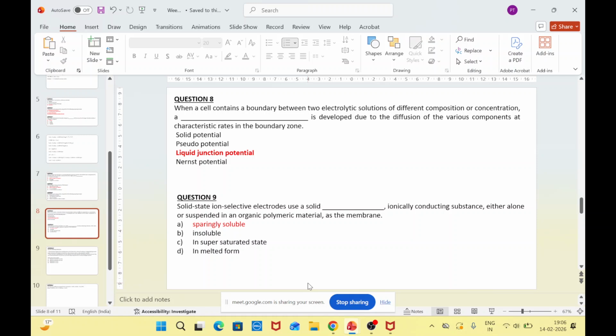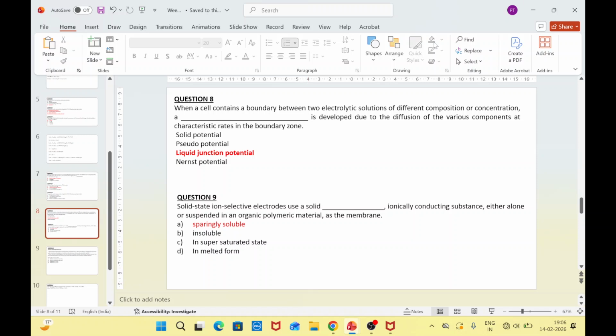For example, a few salts are sparingly soluble in water. NaCl is completely soluble at room temperature, but other salts like calcium chloride or calcium carbonate are not very soluble in nature. They are sparingly soluble. Calcium carbonate is a solid, so it's not about a sparingly soluble solvent, it's a sparingly soluble solid.